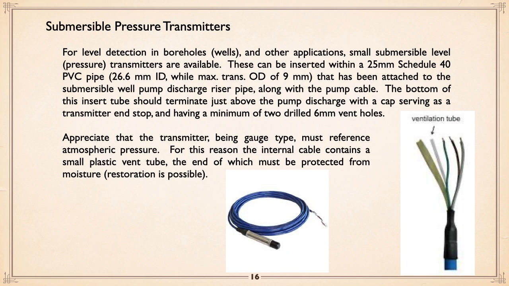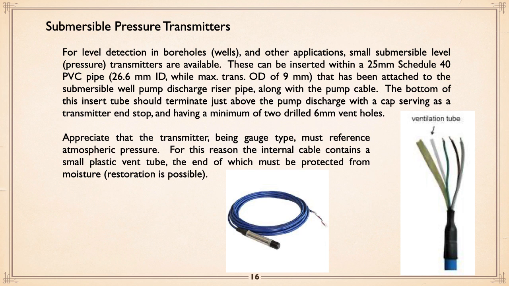If you want to measure pressure in a well, you can get submersible pressure transmitters. The classic way of doing it in a well is to have a 1-inch Schedule 40 PVC pipe to which the transmitter will easily fit, and you have that pipe going down the well to just above the pump itself.